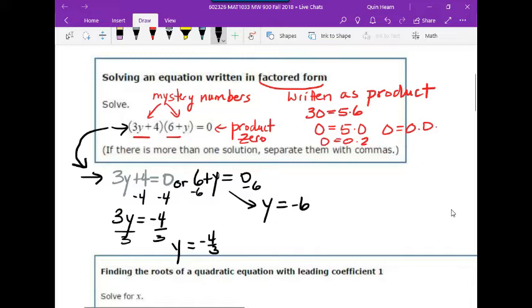Notice that y can't be negative 4/3 and negative 6 at the same time. This is why the word "or" is important conceptually in this problem, because it can be one solution or the other, but not both simultaneously. But we do have two possible solutions in our solution set: negative 4/3 or negative 6.